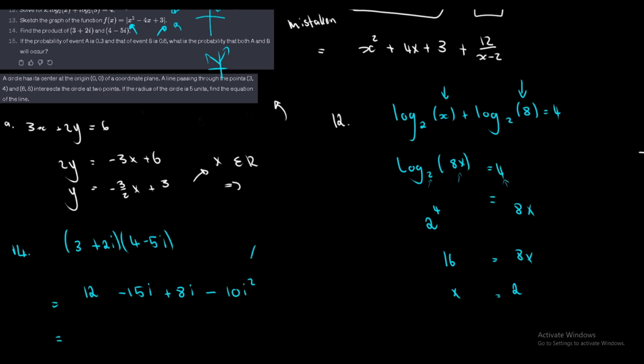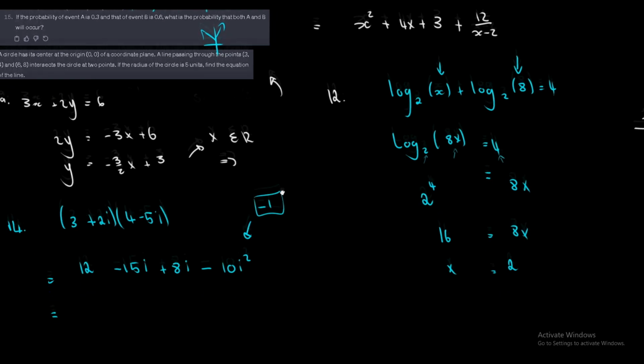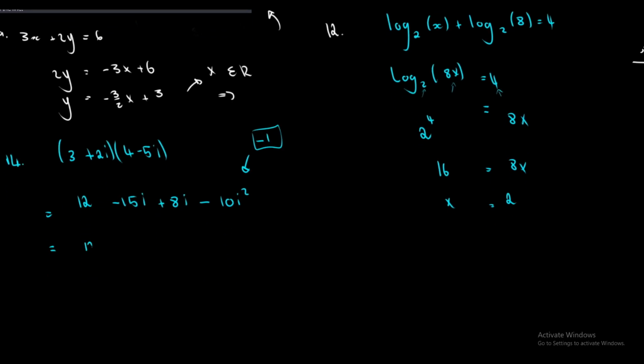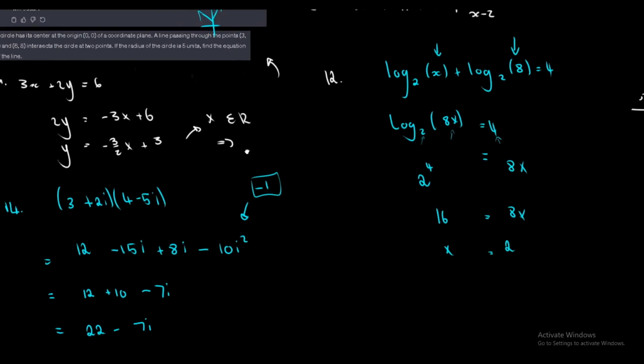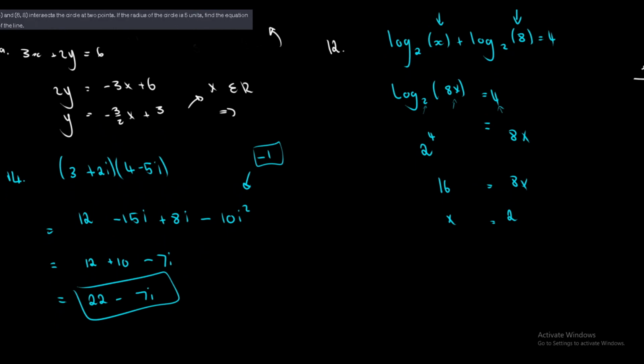Now, where you see this i squared, we can substitute the i squared with negative 1. It's one of the properties of complex numbers. So we have 12 plus 10, since negative 10 times negative 1 is 10. And you have negative 15i plus 8i, which is negative 7i. So we have 22 minus 7i. Okay, 22 minus 7i is my final answer.